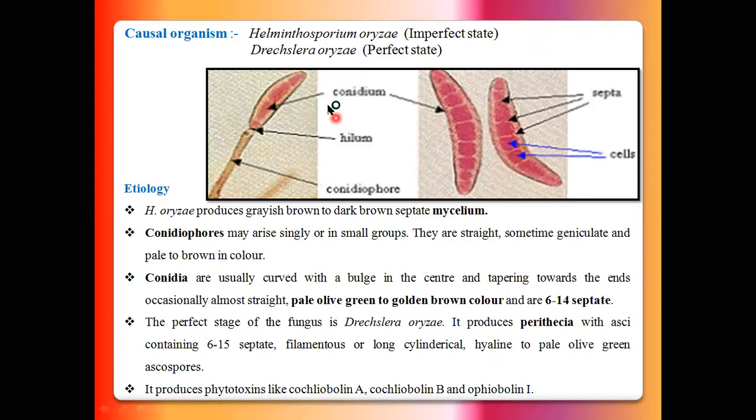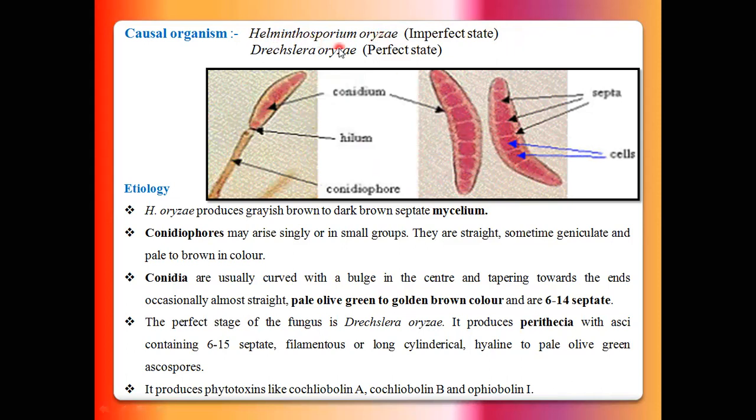Then we go to which causal organism is responsible for producing the brown spot disease in rice. This is Helminthosporium oryzae. This Helminthosporium oryzae fungus reproduces by asexual methods and produces conidia.